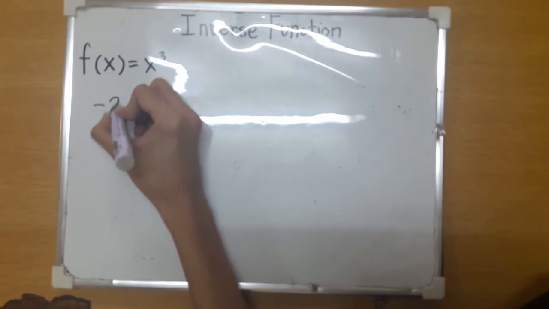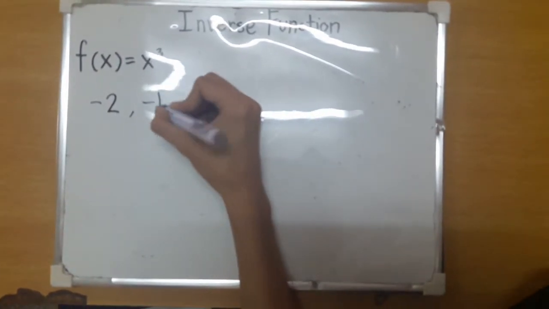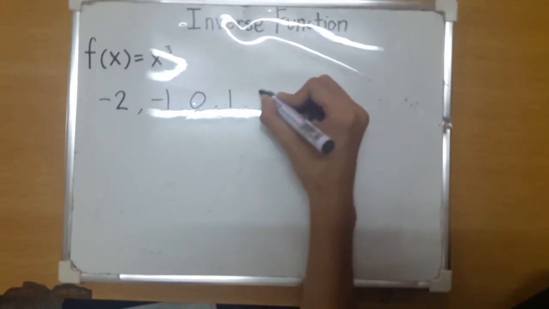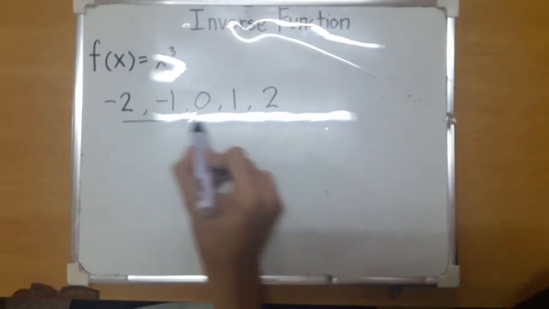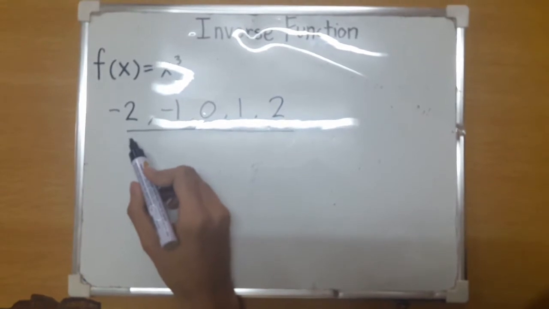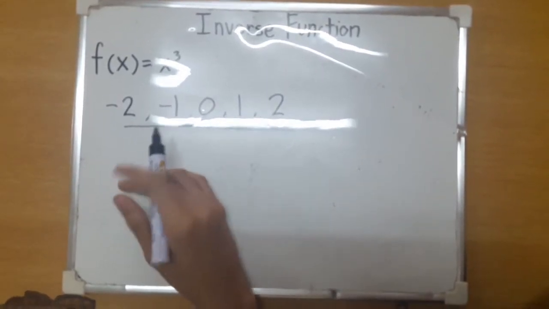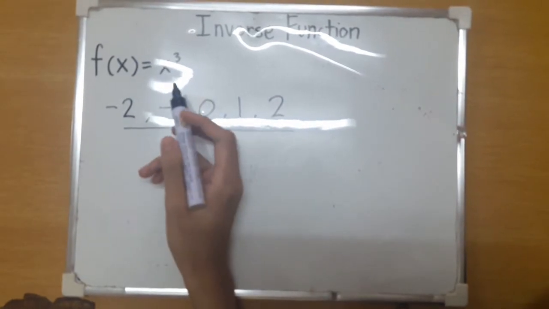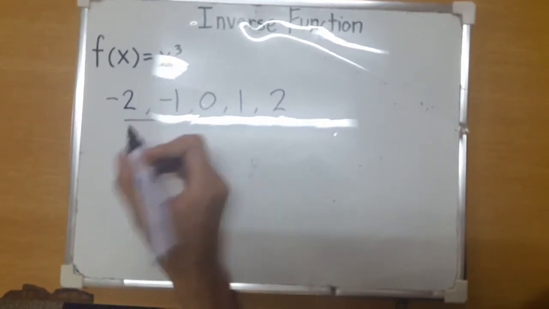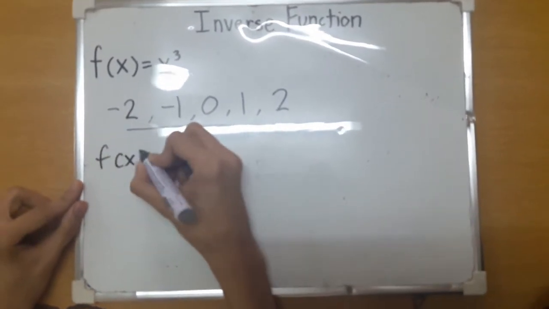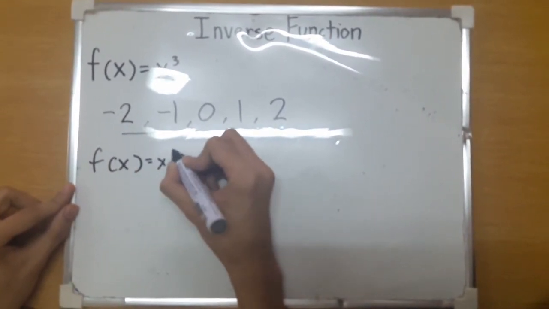We got -2, -1, 0, 1, and 2. These are the given x-intercepts. These numbers can be given by your teacher or chosen by yourself. Okay, now we're going to solve this function. f of x equals x cubed.